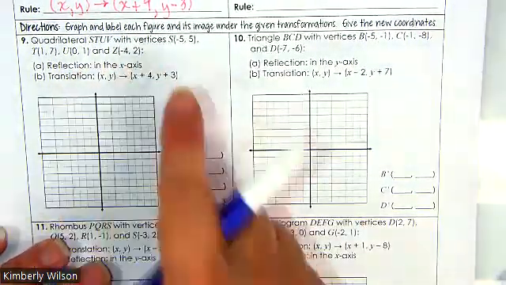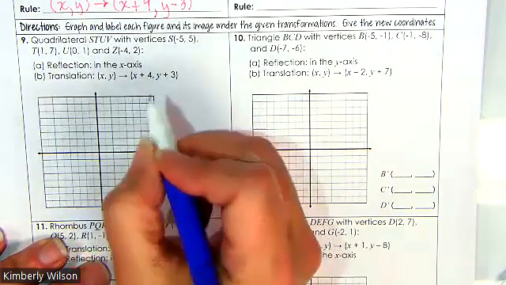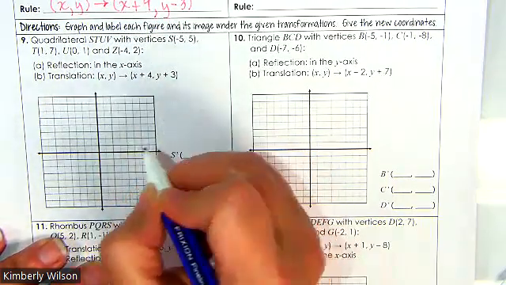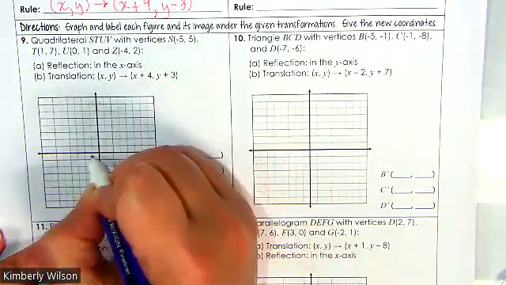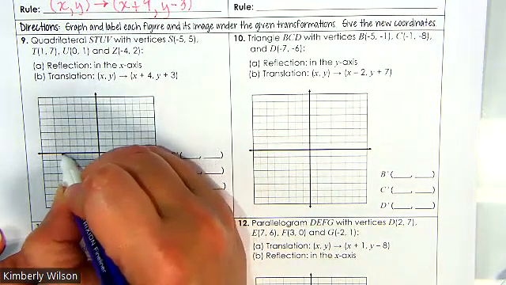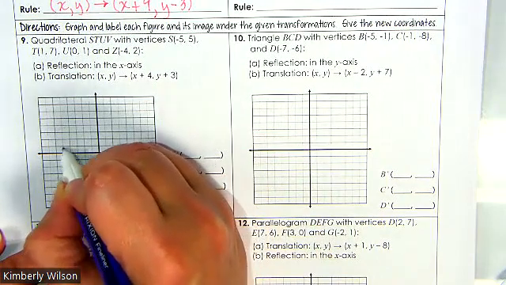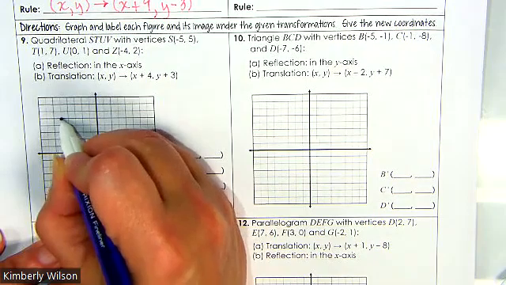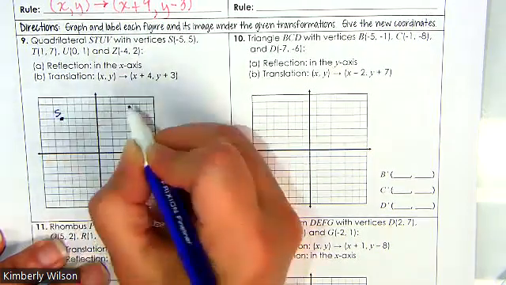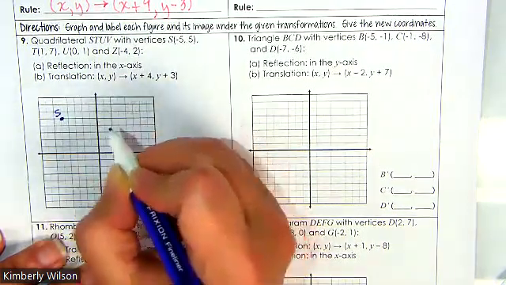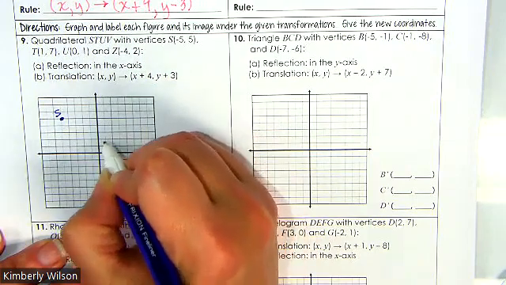So let's start by plotting the quadrilateral first. So we have S is -5, 5. There's S. And then we have T, which is 1, 7.